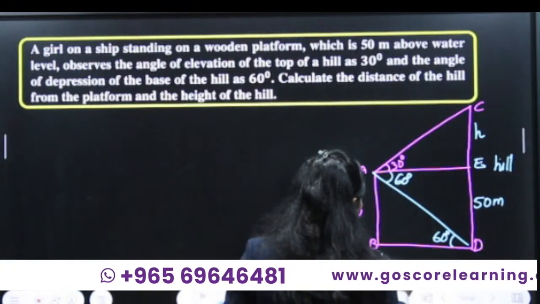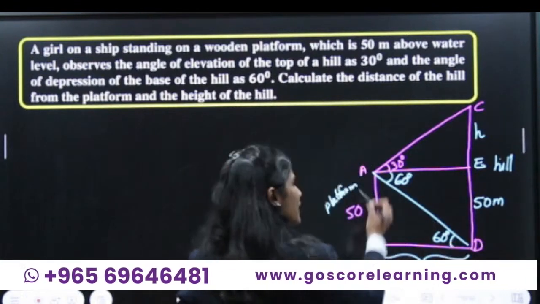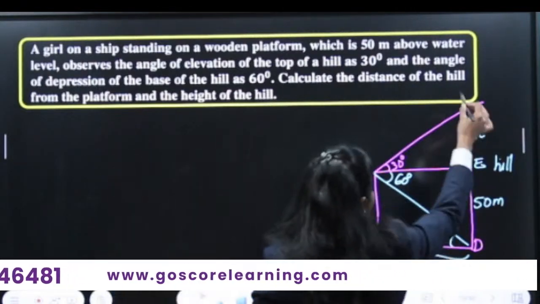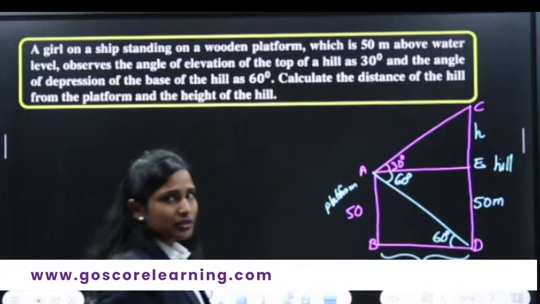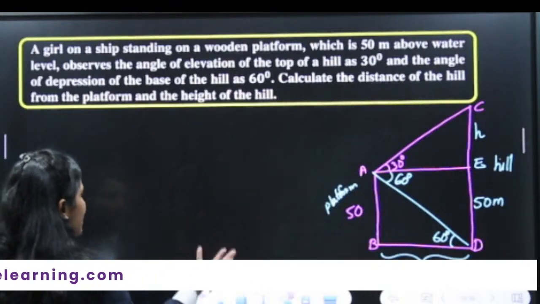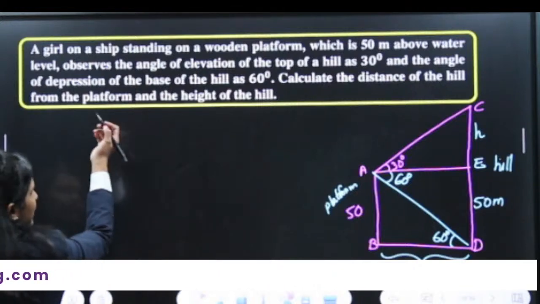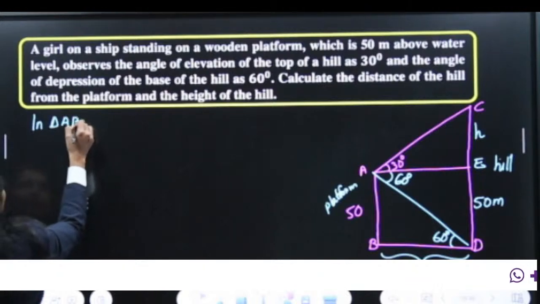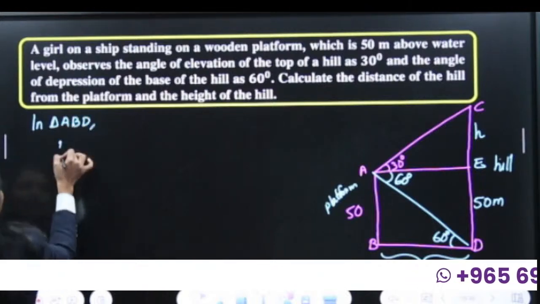So this distance, this BD, or both we need to find. So first we will take tan 60. Okay, we will consider the triangle ABD. So in triangle ABD, we can take tan 60.